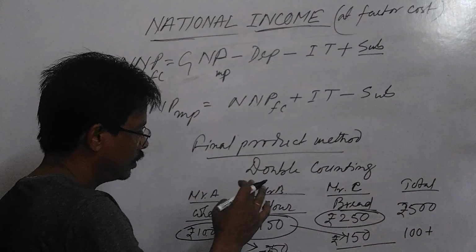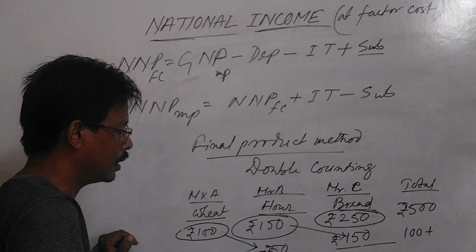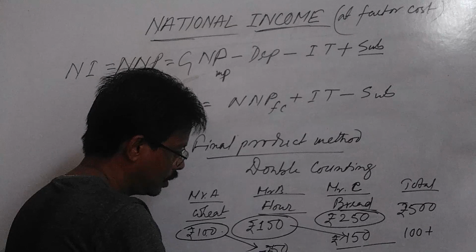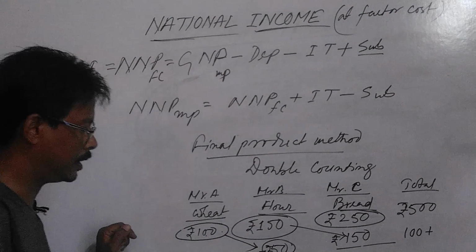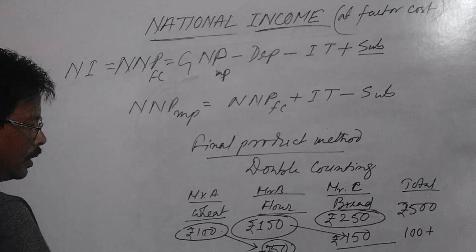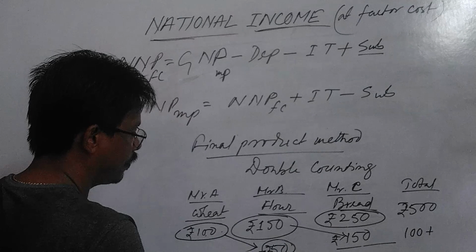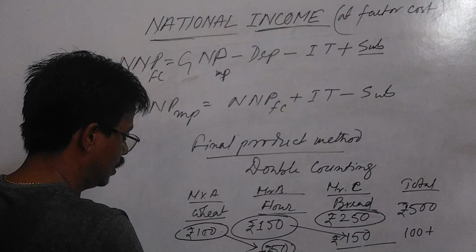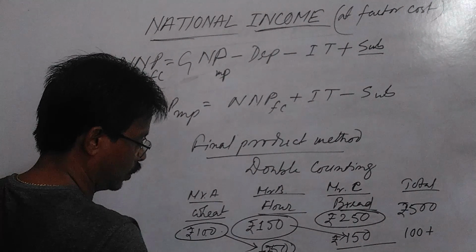It means the actual production of the flour by Mr. B is not rupees 150, because this 50 is already calculated. So with this rupees 50 he has added the value of 100 rupees to convert the wheat into flour.